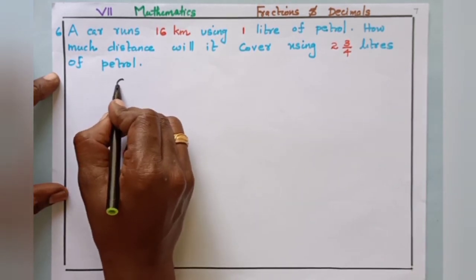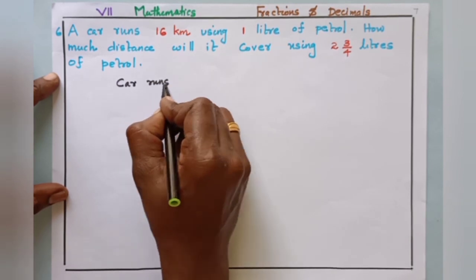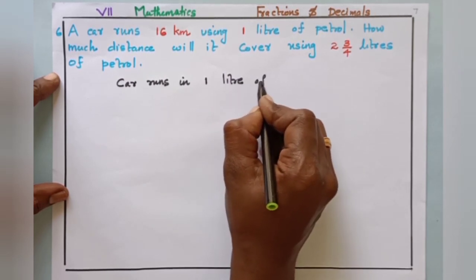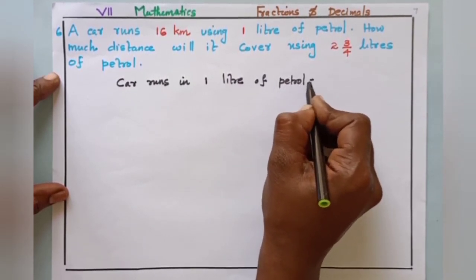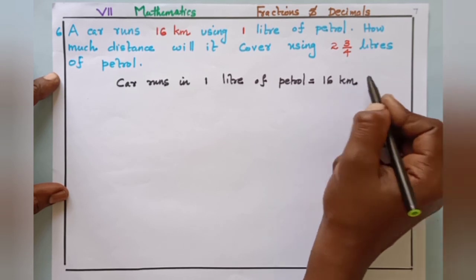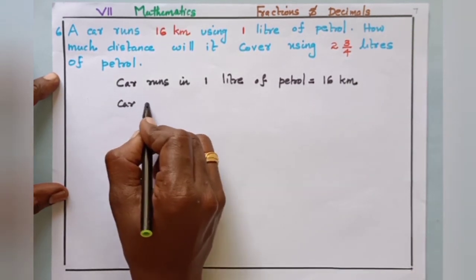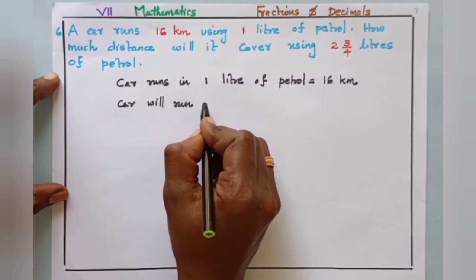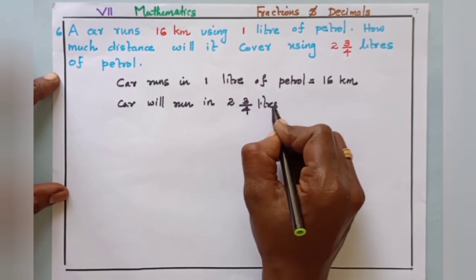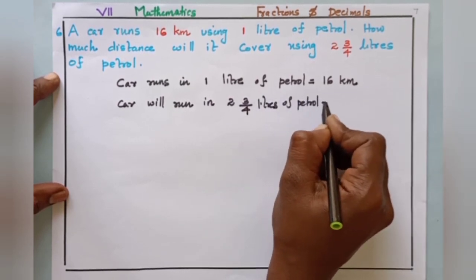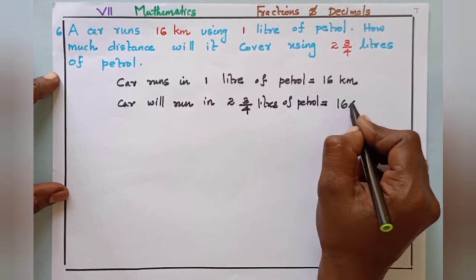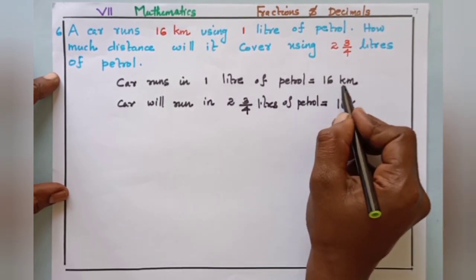So, car runs in 1 liter of petrol equal 16 kilometer. And given car will run in 2 and 3/4 liters of petrol equal 16 into 1 liter petrol 16 kilometer.